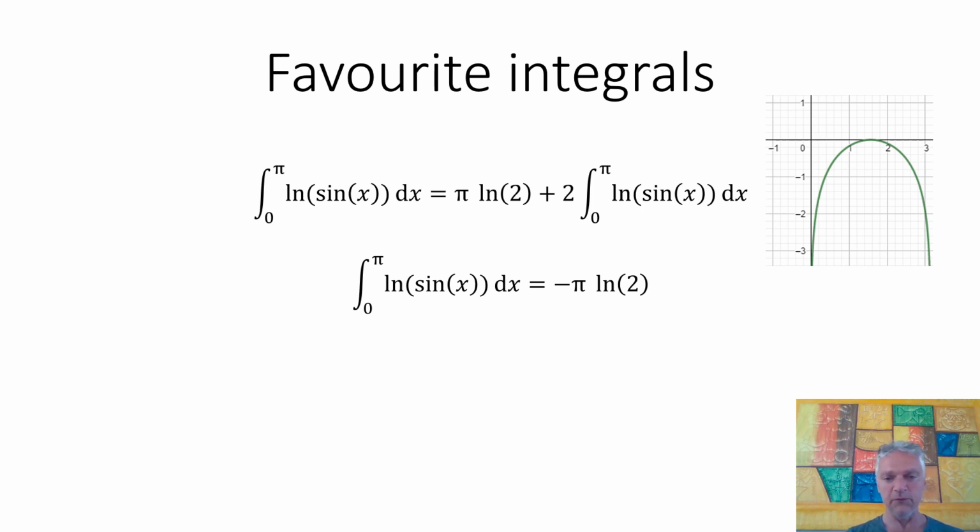But on the right, we also have an infinite process going on, because we can only approximate the value of pi and approximate the value of logarithm of 2. And that means that from an engineering point of view, we really haven't gained a lot by replacing the integral with the value on the right.